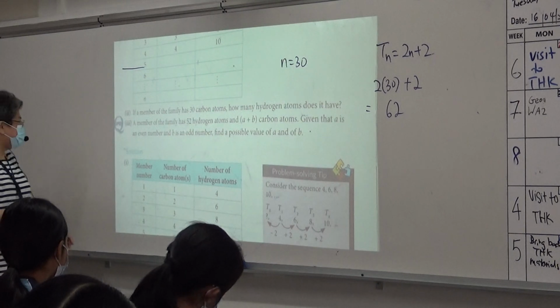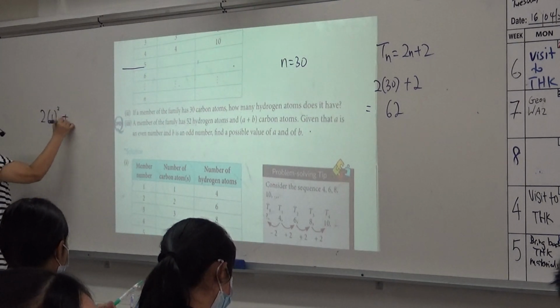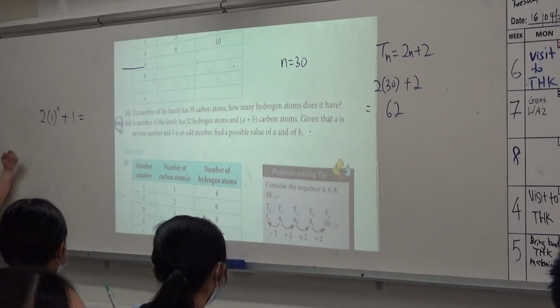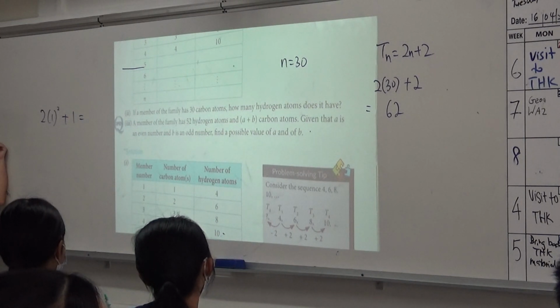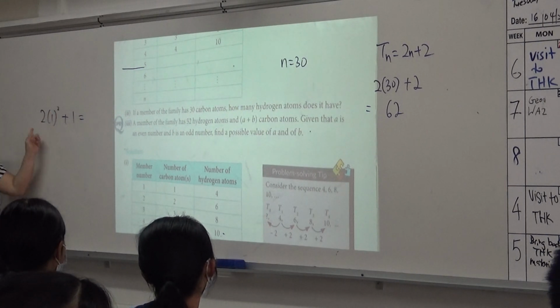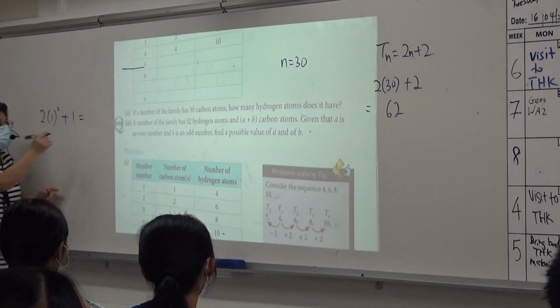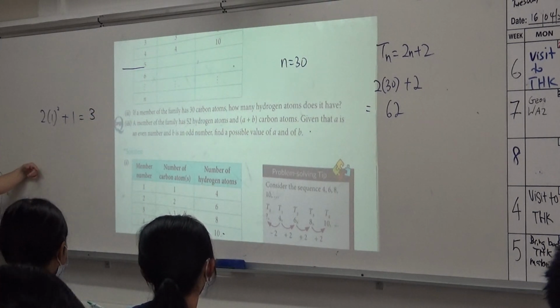Alright. Then I need to ask this class a question. What's the answer for this? What's 1 squared? 1. 2 times 1 is what? 2. 2 plus 1 is what? 3. How come a lot of people give me 5?